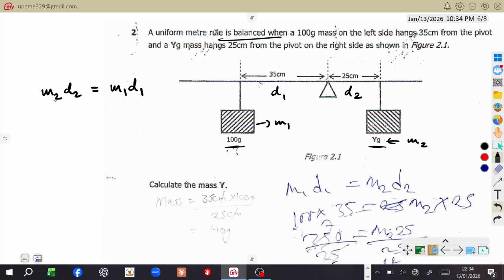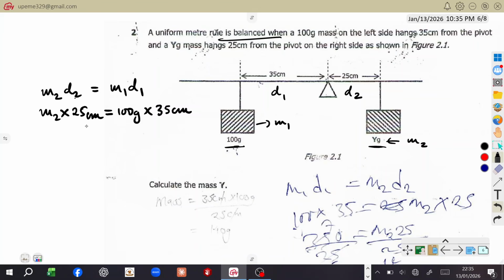Okay, no problem. So we say m2 times d2, which is 25 centimeters, is equal to m1, which is 100 grams, times d1, which is 35 centimeters.